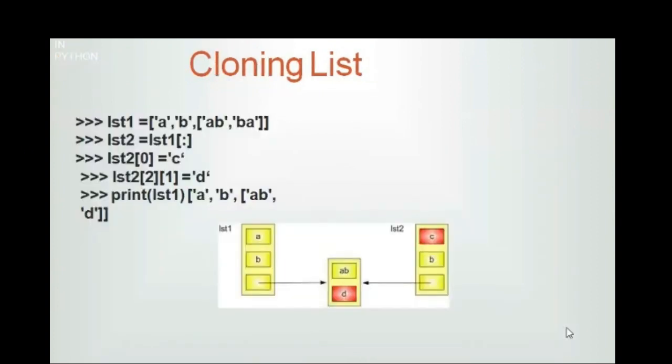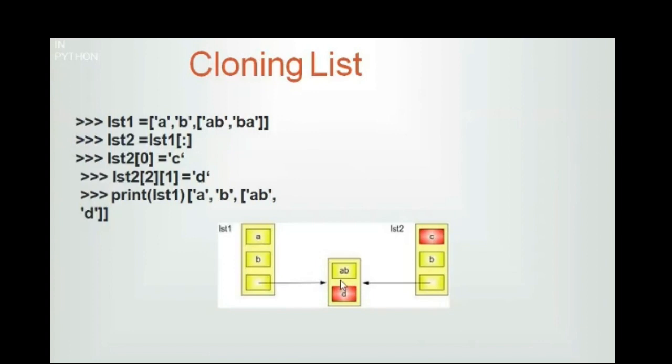But even then, if in the same list I'm having two single values, but the third one is having another list, in that case, even though I am using the colon slicing operator to copy the content to another list, the first two are having different copies, but the third one is a shared one. Because I'm just copying the copy as such, it will be shared only.